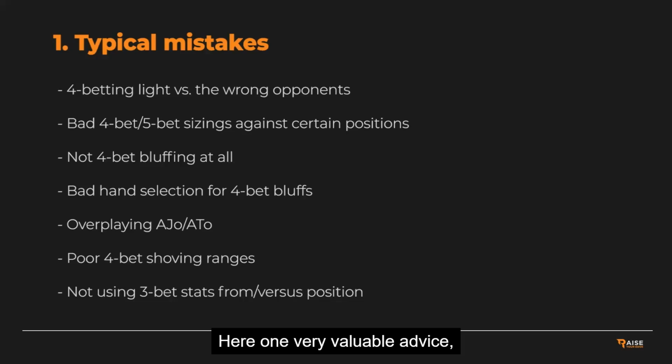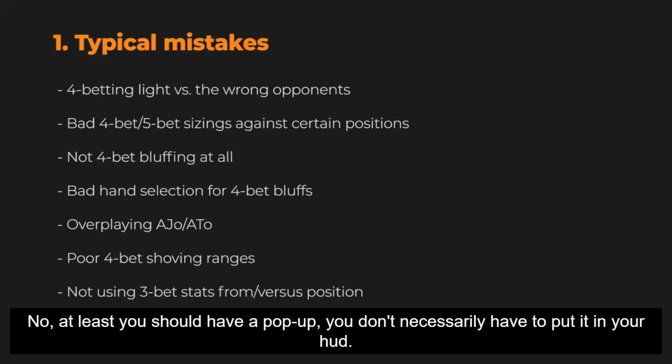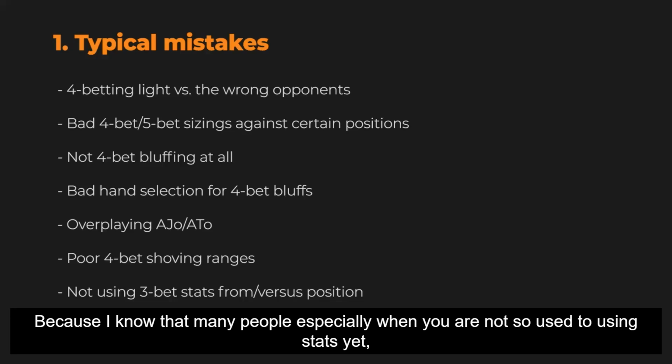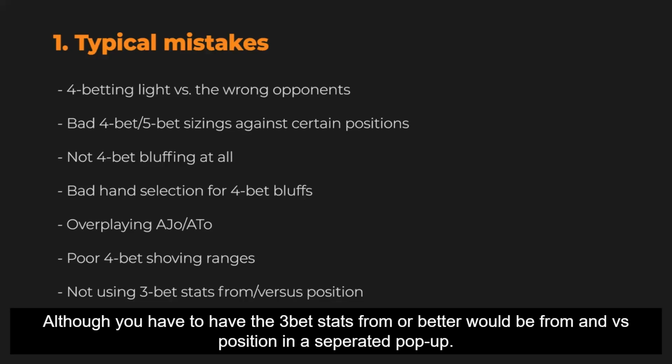Here, one very valuable piece of advice: if you're using stats, make sure that you are not only using the overall 3-bet stat. At least you should have a pop-up. You don't necessarily have to put it in your HUD, because I know that many people, especially when you're not so used to using stats yet, should make sure that you don't have that many stats.